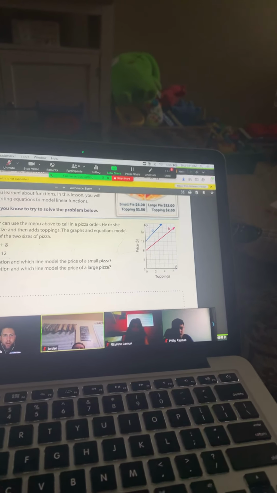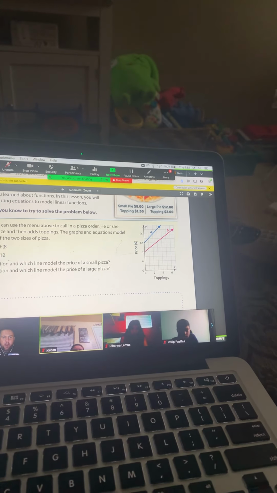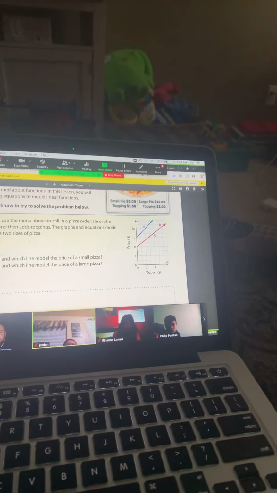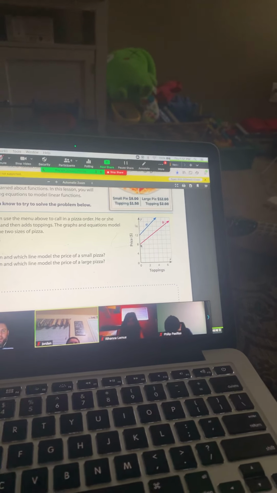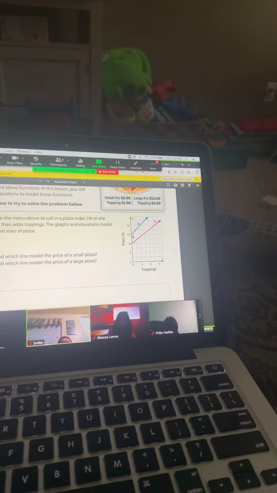So for this problem, the y-intercepts are 8 and 12. And if you look at the graphs, they start at 8 and 12, right?